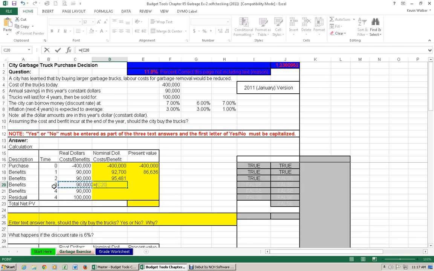The next year you're going to phase out another truck, and it would be what, $270,000 and so on. All right. So multiply that by 1 plus your inflation rate raised to the number of years, and here we're talking about being in year 3.